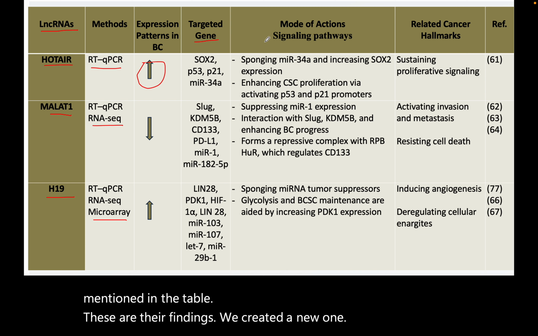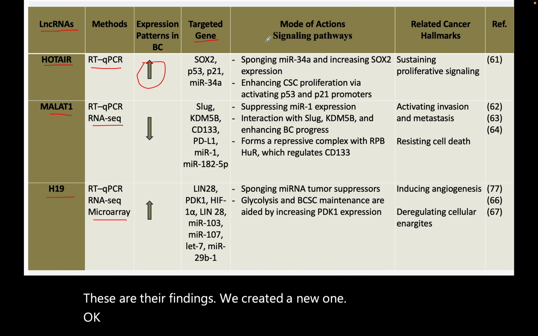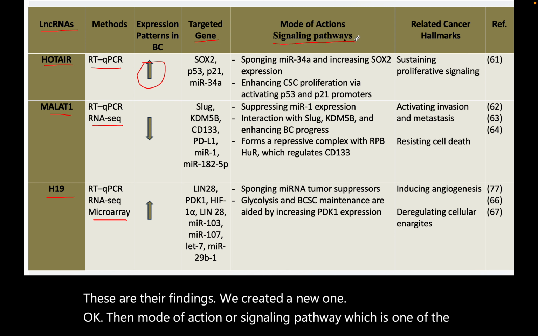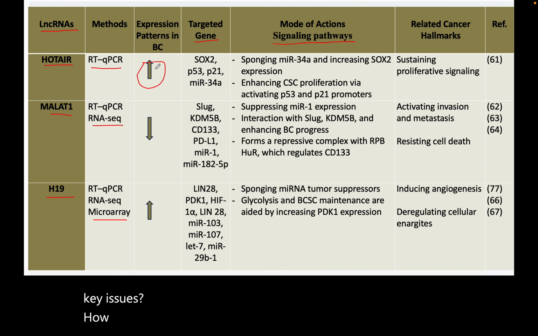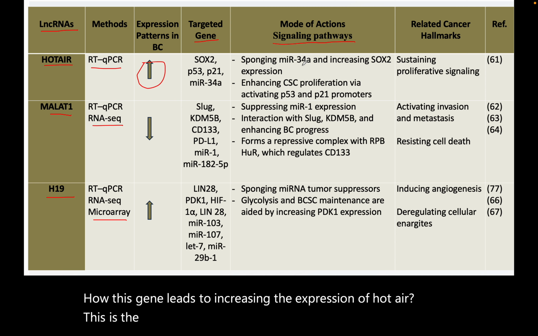Okay. Then, mode of action or signaling pathway, which is one of the key issues. How this gene leads to increasing the expression of HOTAIR. This is the signaling pathway. Okay. Then related cancer or hallmarks of cancer.